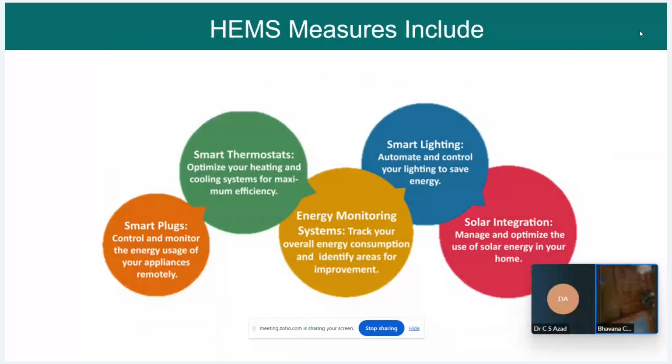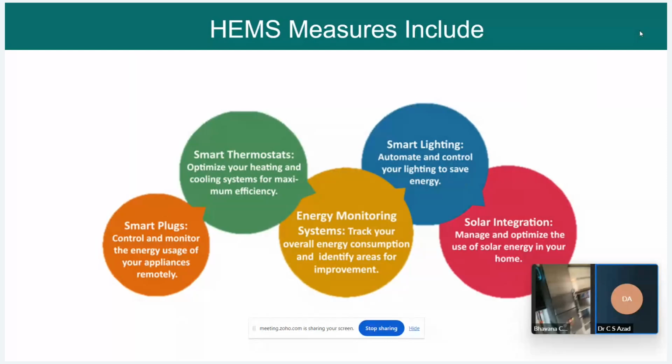Now, for example, you have to control your air conditioner. So you need a smart plug. You may need a smart thermostat, because the thermostat allows you to set the temperature of the air conditioner. Your smart plug may convey the switch-off or switch-on time of your air conditioner.